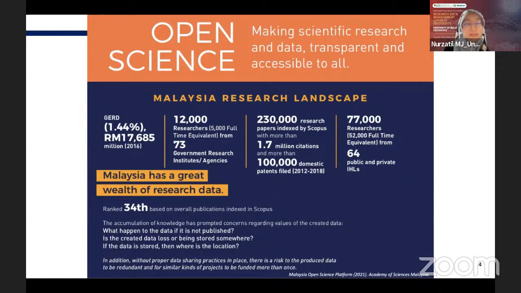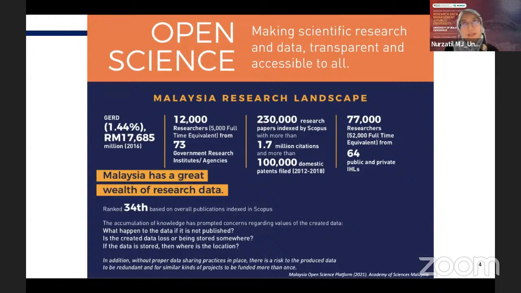So that's number one. Second, is the created data lost or stored somewhere? Without a platform or a shared repository, often researchers store our data in our own laptop, computer, thumb drive, or even our personal drive.